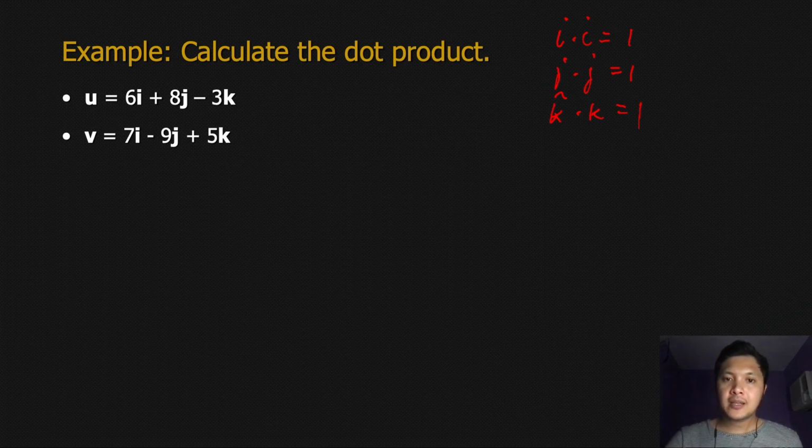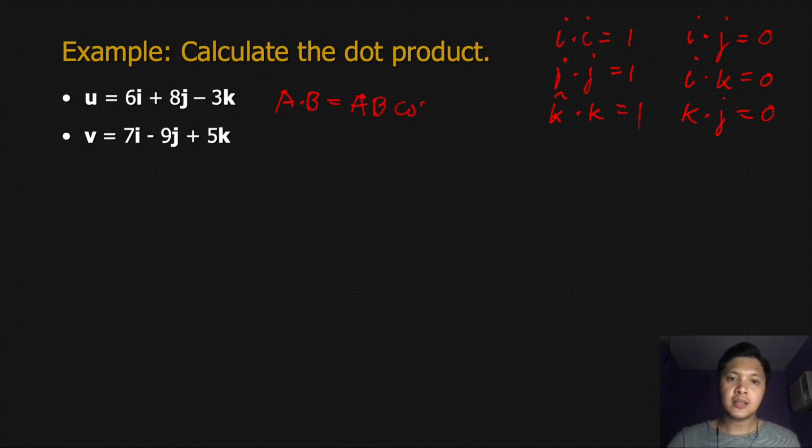But if we get the dot product of i dot j, that is equal to 0. i dot k is also equal to 0. k dot j is equal to 0.